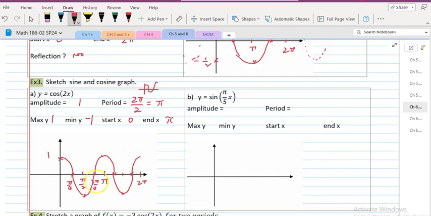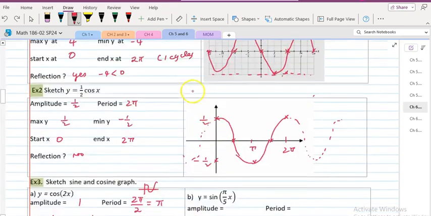At 0 is always those quarter points. Okay, so we have 2 cycles like that. This is exactly the same shape as a cosine graph, except the period is 2 pi over b.